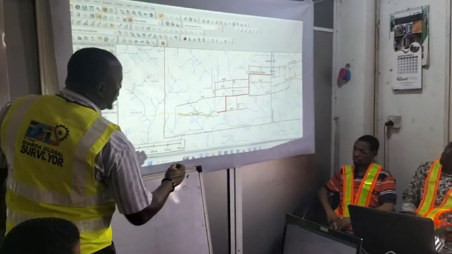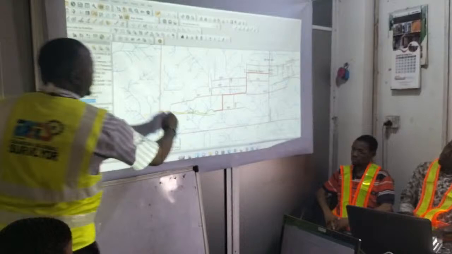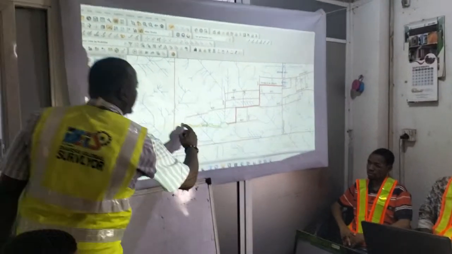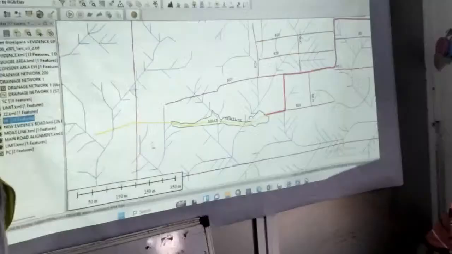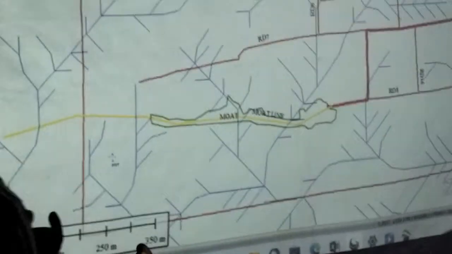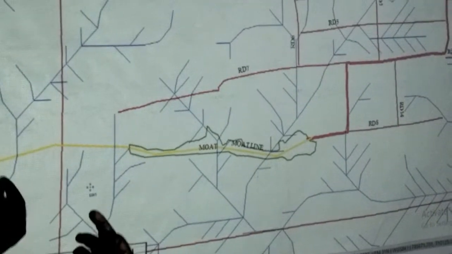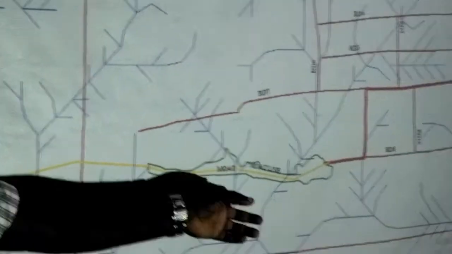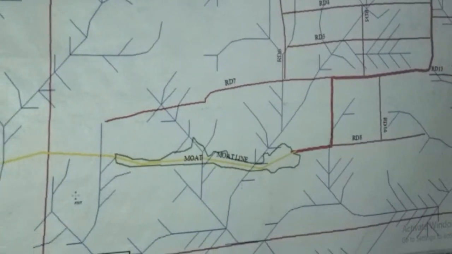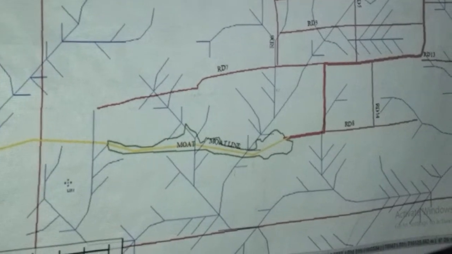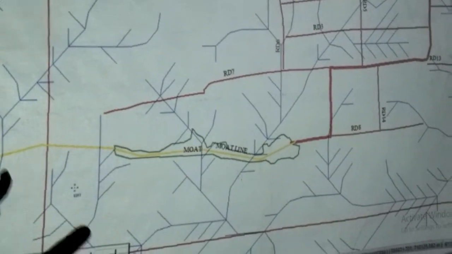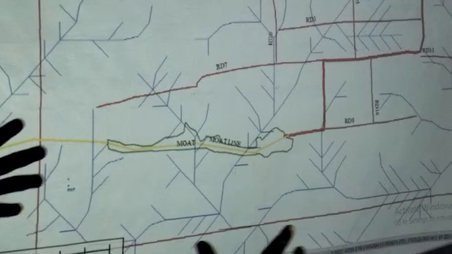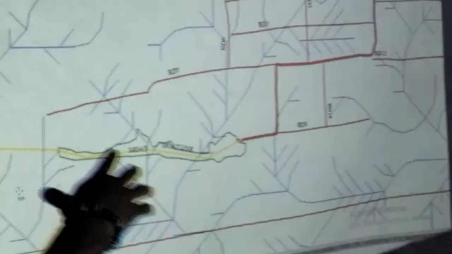Alright. Now, there is a section of this project site. It's a canal. Let me use the word canal. But in this part of the world, we call it moat, M-O-A-T. It's actually a naturally occurring ditch that will enable you to carry the runoff from the study area.